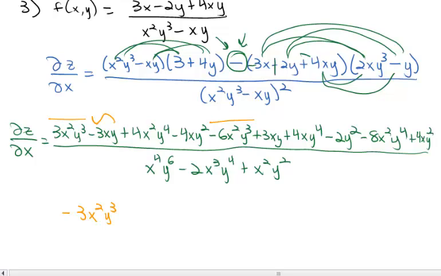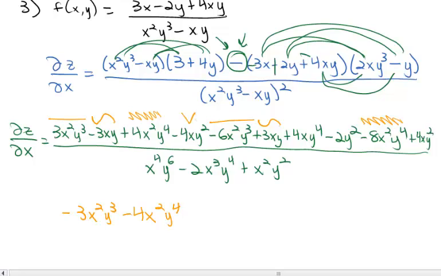That one's an xy. Got another xy there. So negative 3 plus 3, that's 0. That's kind of nice. X squared y to the fourth, and an x squared y to the fourth, so 4 minus 8 is negative 4x squared y to the fourth.